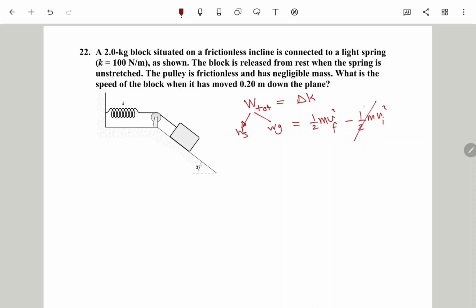And remember, this one is 0 because the block is initially at rest. Now work done by the spring is minus half k x squared plus work done by gravity, it's mg sine theta. This one here, remember, if this is mg, so this is mg cosine, and this is mg sine.